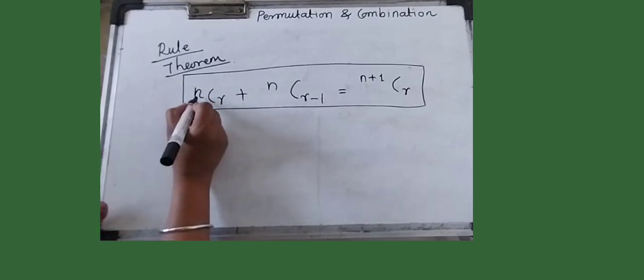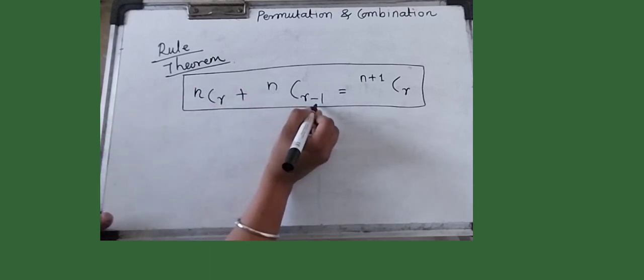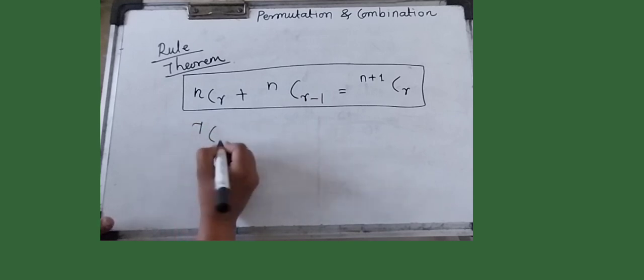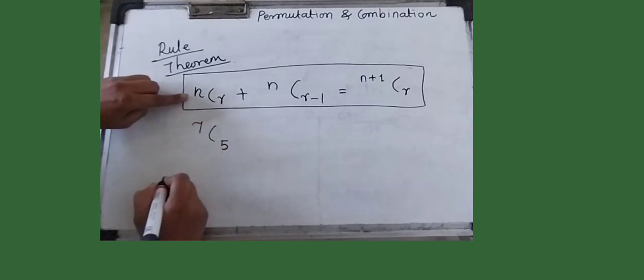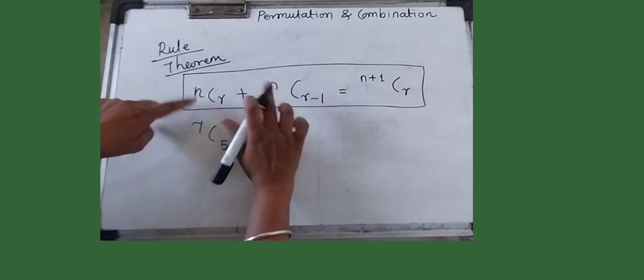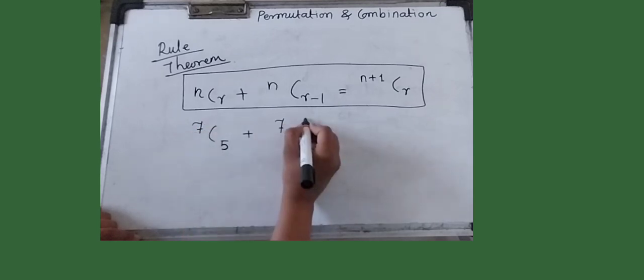What is the theorem here? nCr plus nC(r minus 1). If I write here 7C5, my n is 7 and r is 5. n same, so I write here 7C.